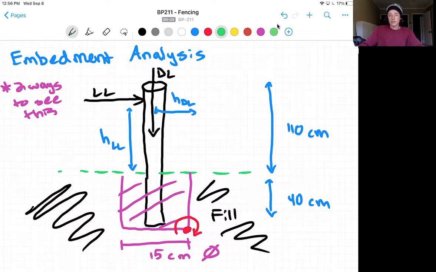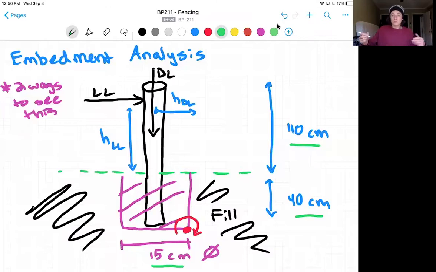There's a lot going on in this diagram I've created for this lecture. We can see the height of the post above the approach ramp, the height below or the embedment, and the diameter of the blockout in the fill, and the point at which we're analyzing the moment that's created by the live load and the dead load.